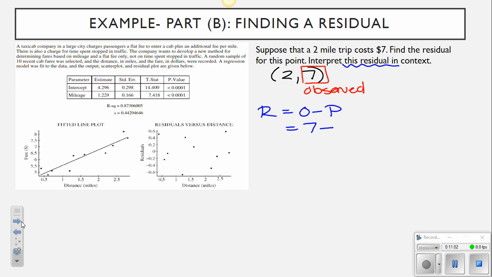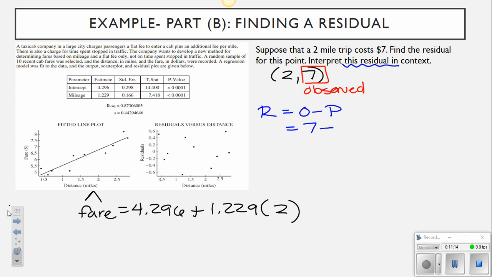On the previous screen, we had fare hat equals 4.296 plus 1.229 times the number of miles. How many miles have we traveled? 2. So we can plug in 2 to find the predicted figure. So 4.296 plus 1.229 times 2.